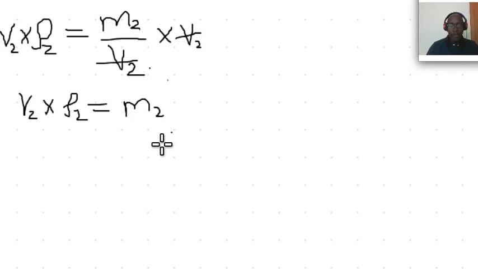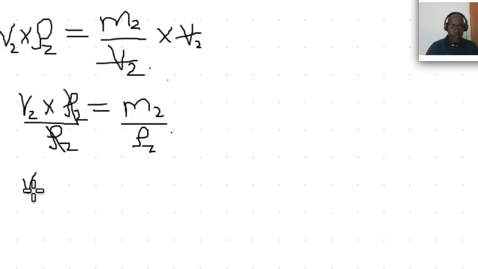Okay, and because we want the volume V2, then you need to divide here by the density rho 2 and do the same to the other side. You find that this cancels this one, and we are left with V2 is equal to the mass M2 divided by the density rho 2.